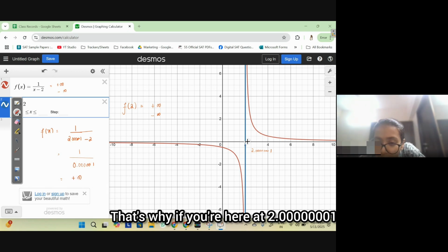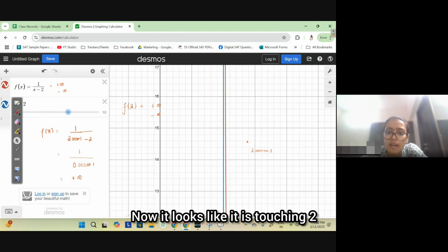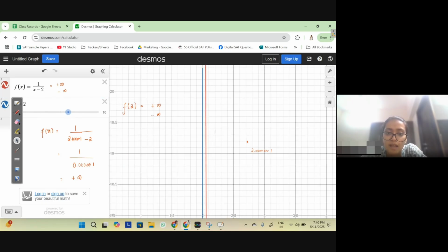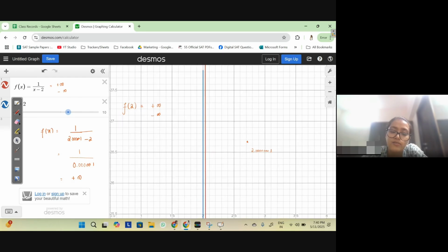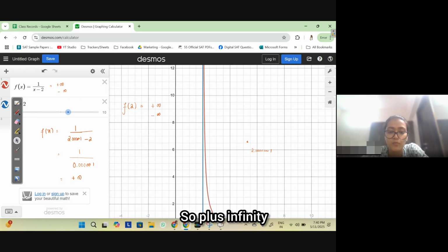That's why if you're here at 2.001, you will get a very big number. Now it looks like it is touching 2, but it will never touch 2. And it just keeps going on forever. It's a very big positive number. So plus infinity.